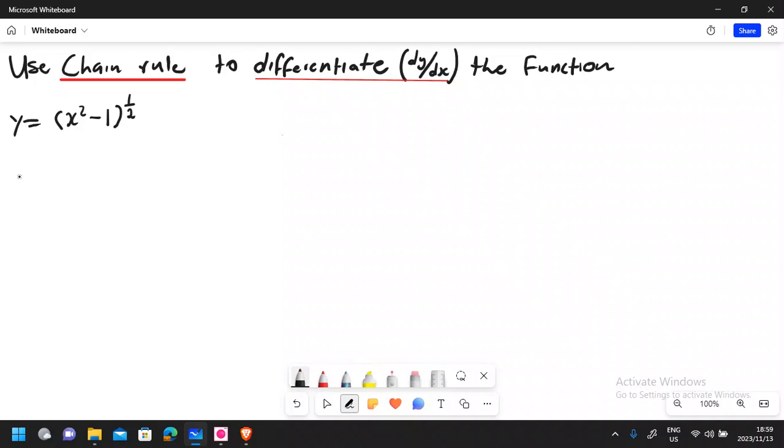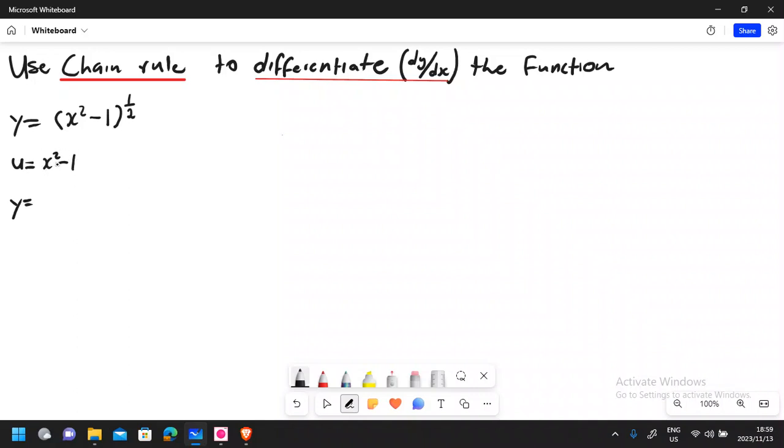So you should equate the inner with u. The inner function, do not forget, is equated with x squared minus 1. Remember, it's the one that is in there. So the outer function, remember, the outer function is everything here, but then we must write it in terms of u.